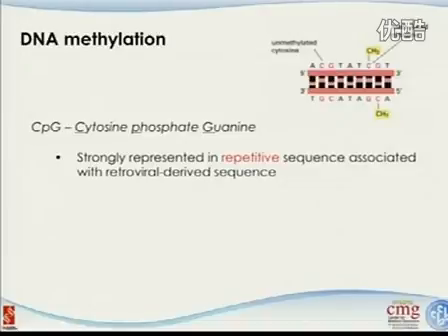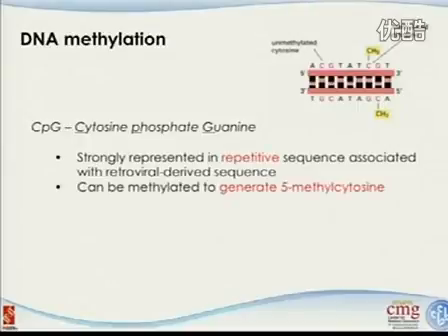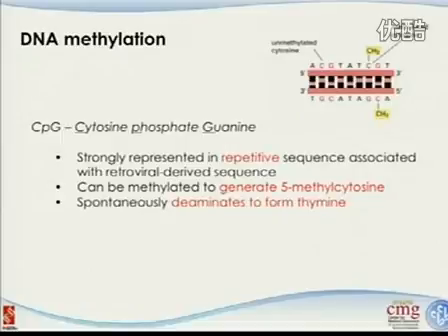Methylation means there's a CH3 group modified on top of it. It is strongly represented in repetitive sequences associated with retrovirus-derived sequences. This is based on biological observation. It can be methylated to generate what they call 5-methylcytosine. So basically, it's a C with a methyl group on top of it.